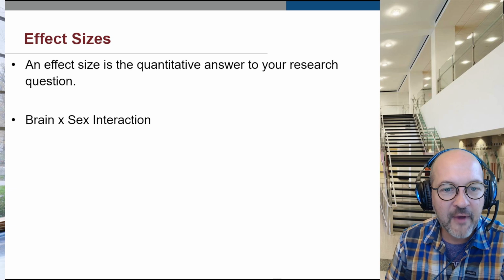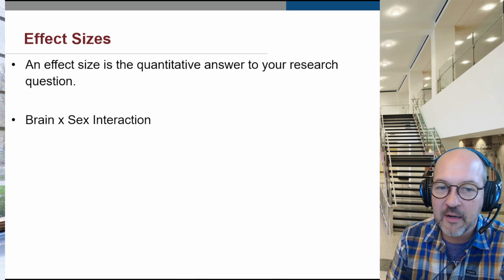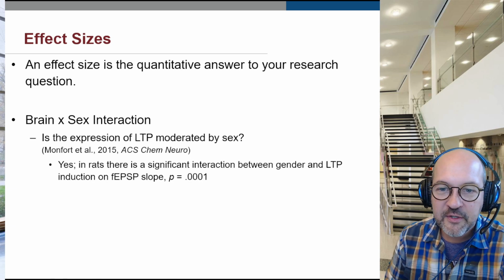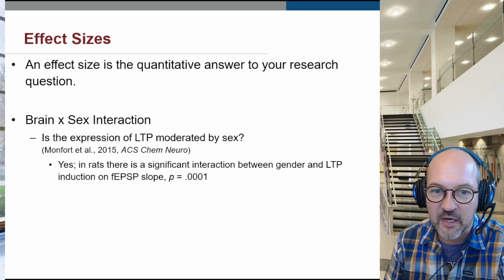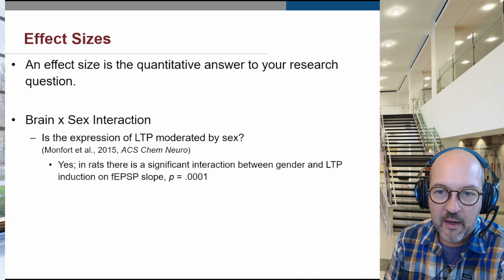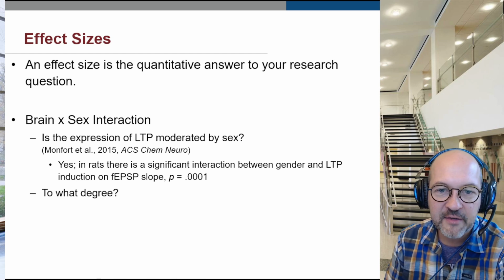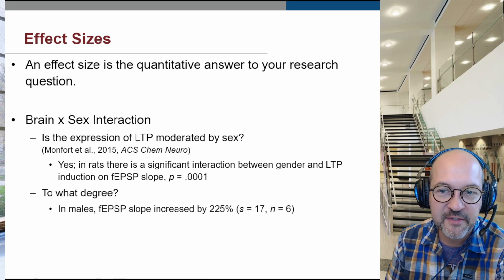Effect sizes apply to complex designs as well. Here's an example from a factorial analysis examining brain by sex interactions. Researchers wanted to know if long-term potentiation is moderated by sex. They induced long-term potentiation in the hippocampi of male and female rats. Again, this would normally be reported with a p-value, which did show a statistically significant interaction. But we can also express this quantitatively, asking how much does sex moderate plasticity?